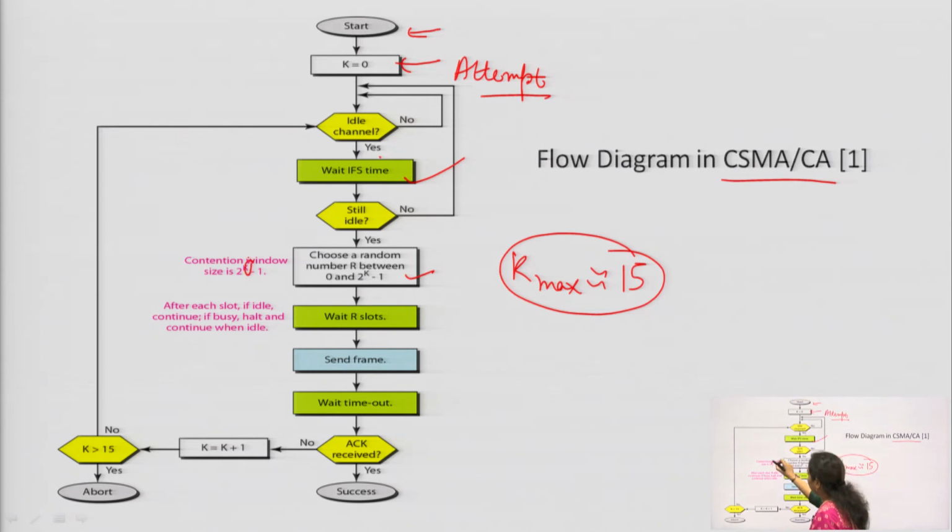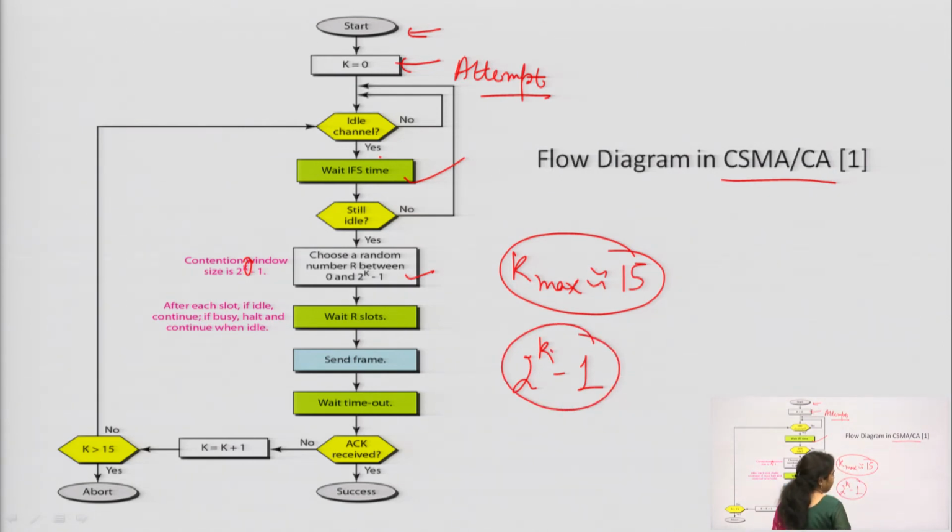Now, k is not all the time 15. Whatever attempt I am making, like if I am making a second attempt, then it is 2 to the power 2 minus 1. So, that is the random number that we have to choose, between 0 and 2 to the power k minus 1.